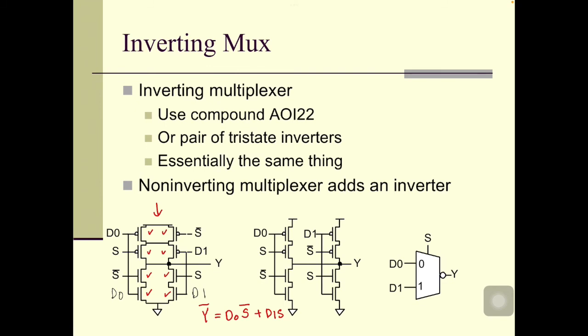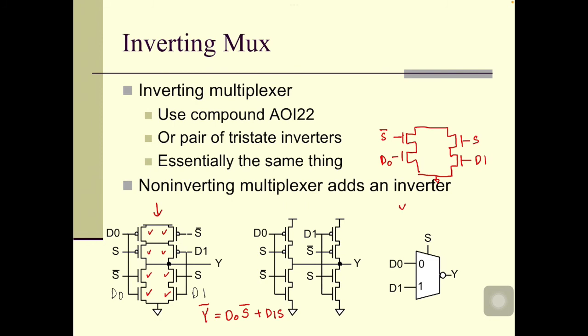So let us redraw here in series. This is S bar, and this is D0, and this is S and D1.